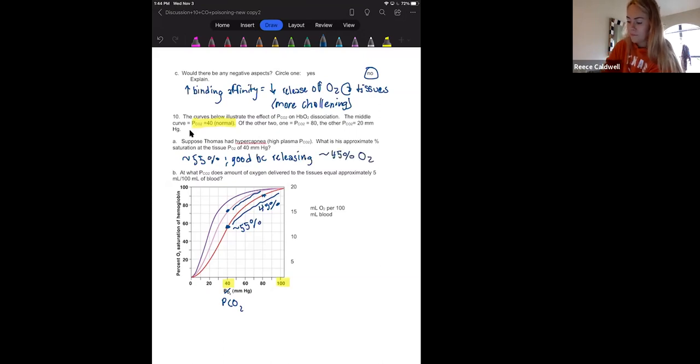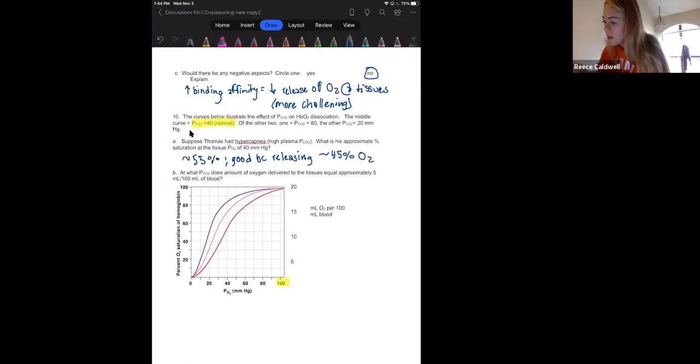And the last question is, at what partial pressure of carbon dioxide does the amount of oxygen delivered to the tissues equal about 5 milliliters per 100 milliliters of blood? So how we would work through this one is, let me erase this real quick. We would look at our initial right here at 20, and then we would move 5 milliliters of blood.